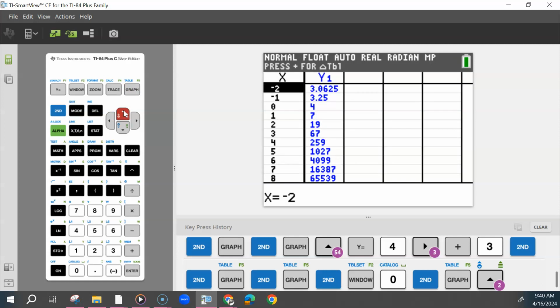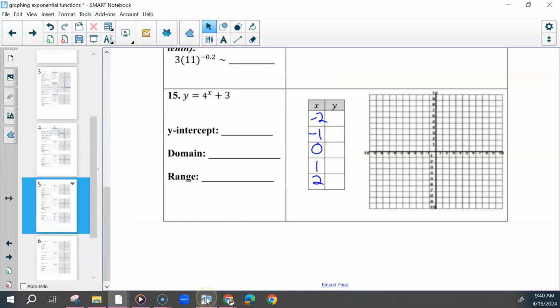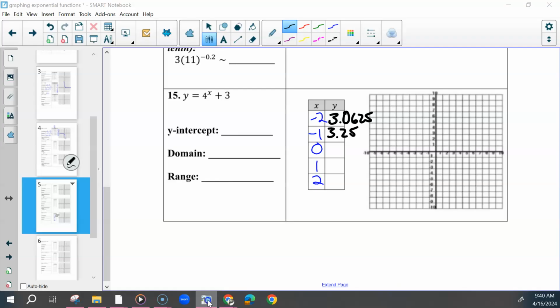If I had put each value in, -2, 4 to the -2 would be 1/16 plus 3, which would give me that. 4 to the -1 would be 1/4 plus 3, which would give me that. 4 to the 0 would be 1 plus 3, which is 4. 4 to the first is 4 plus 3, which is 7.